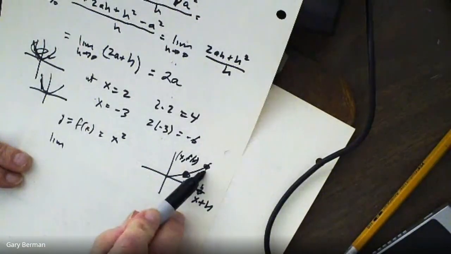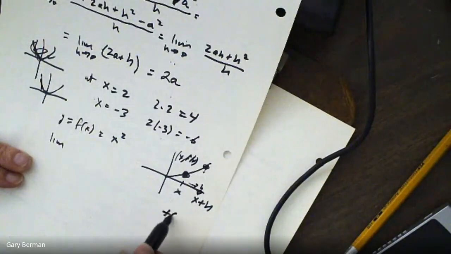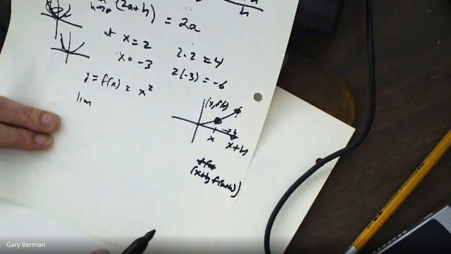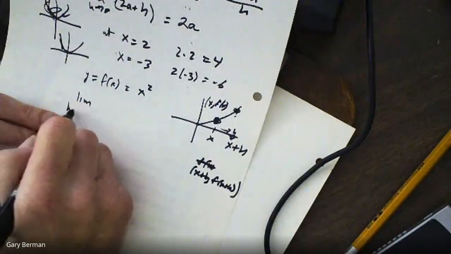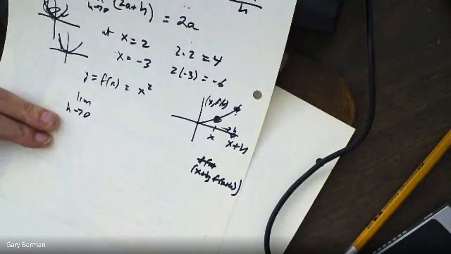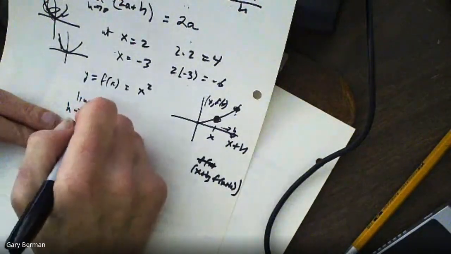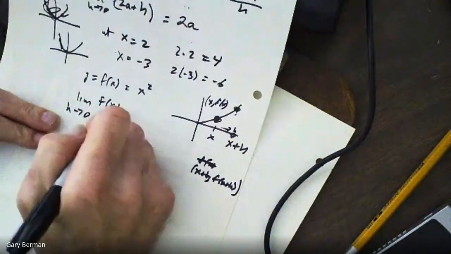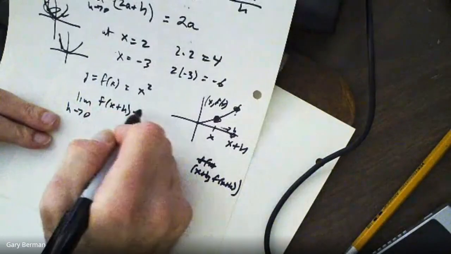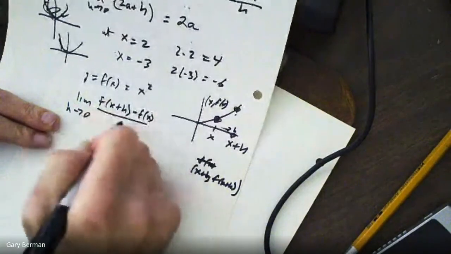The coordinates of this point are x plus h comma f of x plus h. So the slope of the tangent at the point x is going to be the limit as h goes to 0 of f of x plus h minus f of x over h.